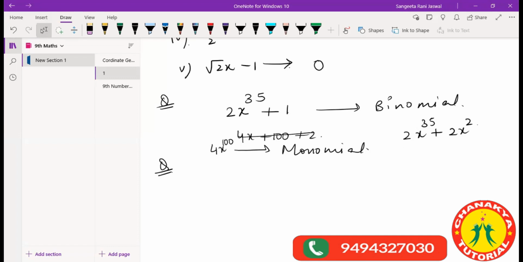If suppose they give 2x square plus x is equal to 3x square, then the degree will be 1? If they give x square there also, then the degree will be? Degree is 2. The highest power is the degree. Whatever is the highest power of the variable gives the degree of a polynomial. All right?